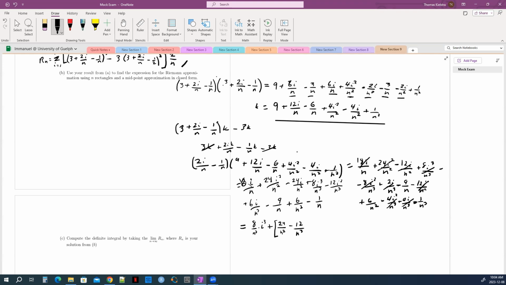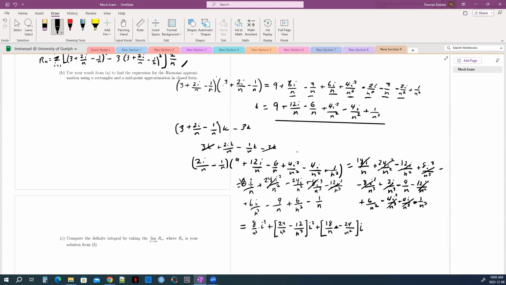That's our only i squared terms. And now we look at our things multiplied by i. So our i squared terms are gone and our i cubed terms are gone. Now for our i terms, we have 18 over n, plus, or sorry, minus 24 over n squared, all times i.